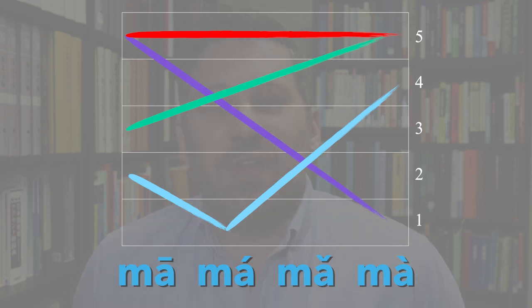Ma. But then usually after, whether you have this graph or you get the pitch numbers or whatever it is, after that, basically you get left to your own devices. Of course, this is a huge problem because you haven't mastered tones just because you know those four canonical tones, which is what I'll call them.